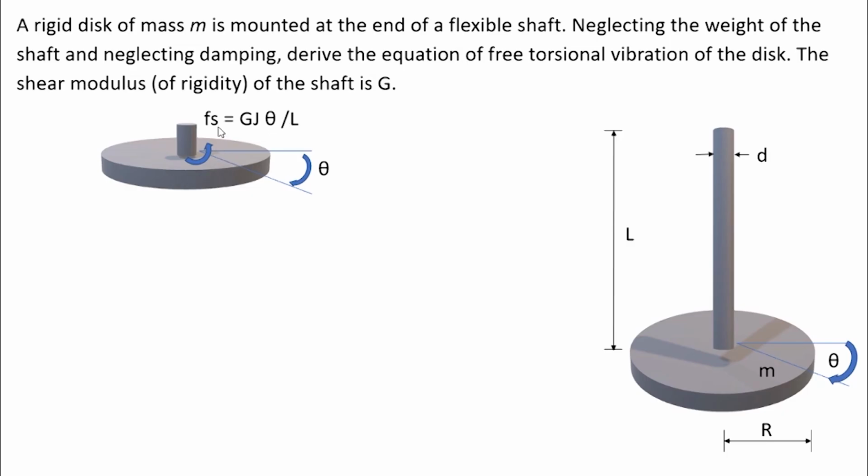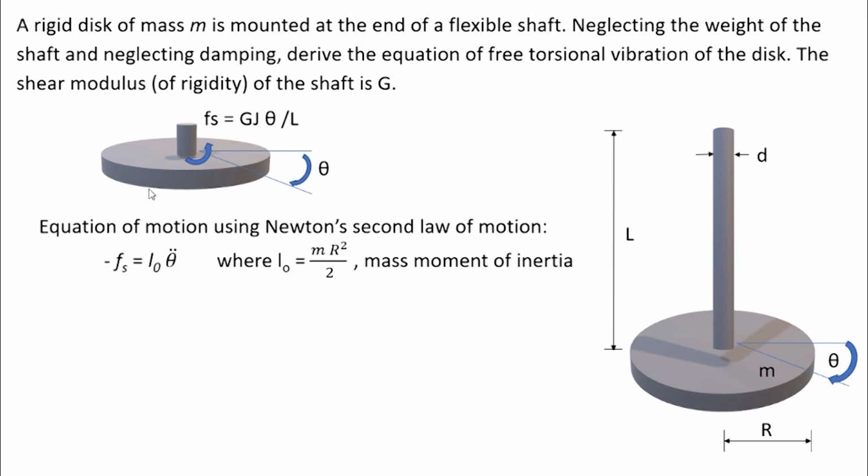So the value of this torsional stiffness of this shaft is equal to GJ by L. G is the shear modulus and L is the length, and J is the second moment of area. You would have learned these expressions in the mechanics of solids course. So the restoring torque can be expressed like this.